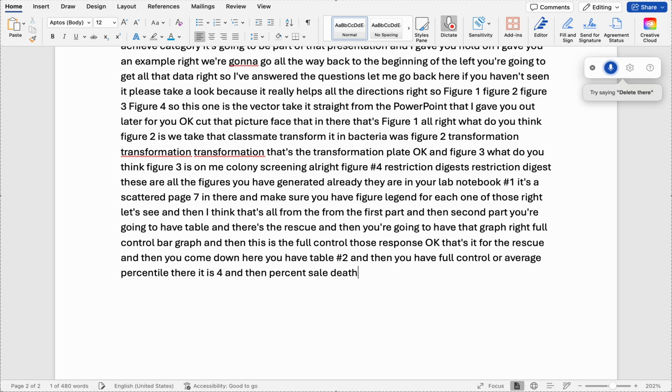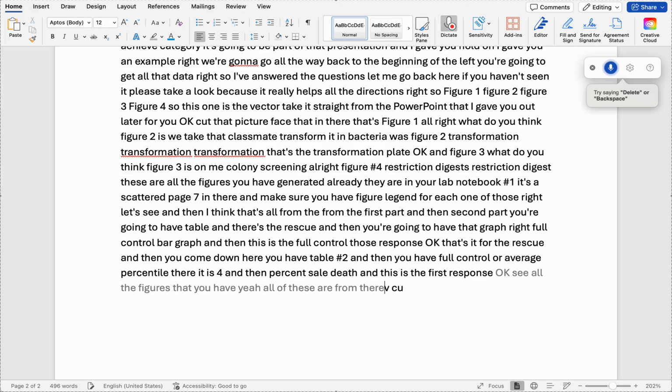And this is the dose response curve. Okay? See all the figures that you have? All of these are from lab notebook number 1, and all of these are from lab notebook number 2.